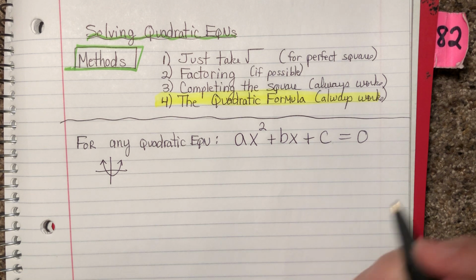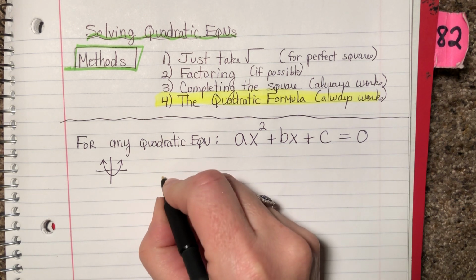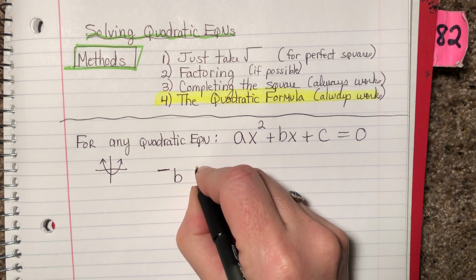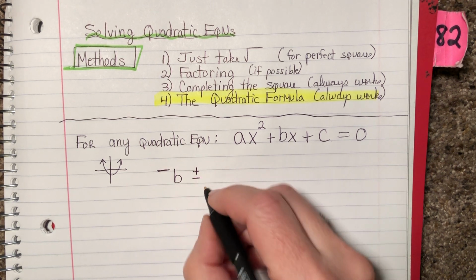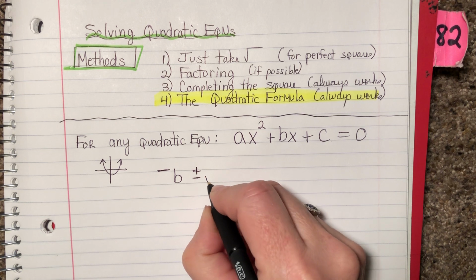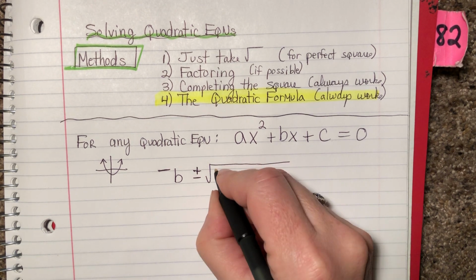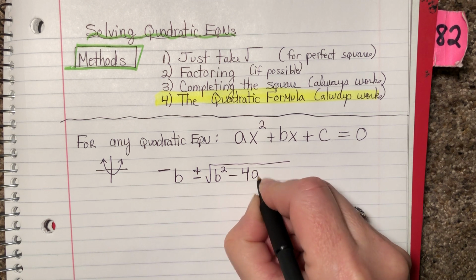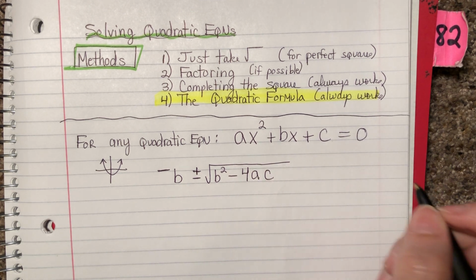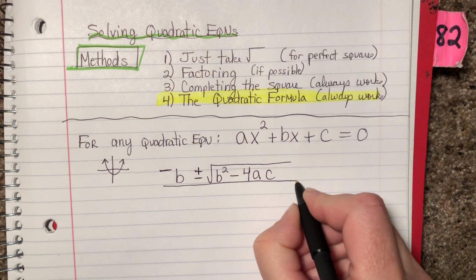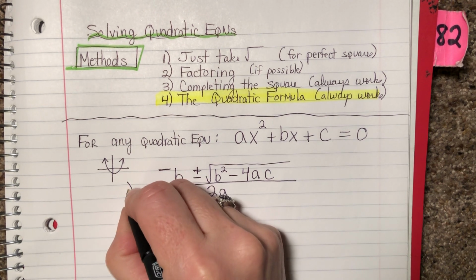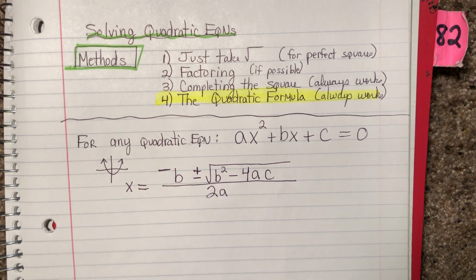Now here's the formula. It goes negative b plus or minus the square root of b squared minus 4ac, all divided by 2a. And this is what x equals.